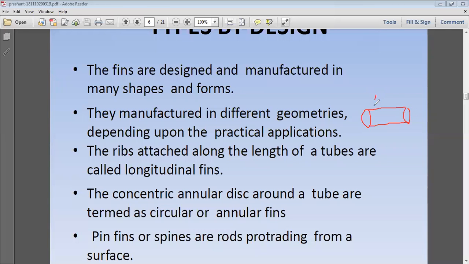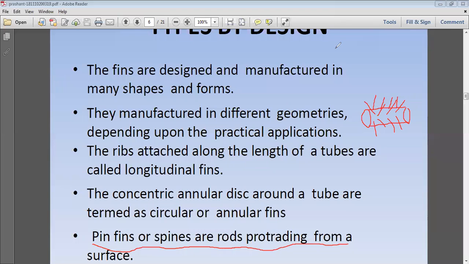Then I can place a number of pins over the surface of the base material. This is called a fin. The dissipation of heat through the pins from the base material is called a fin. That is why you have the experiment in heat transfer, the pin fin apparatus, which is also used to find out the heat transfer rate.